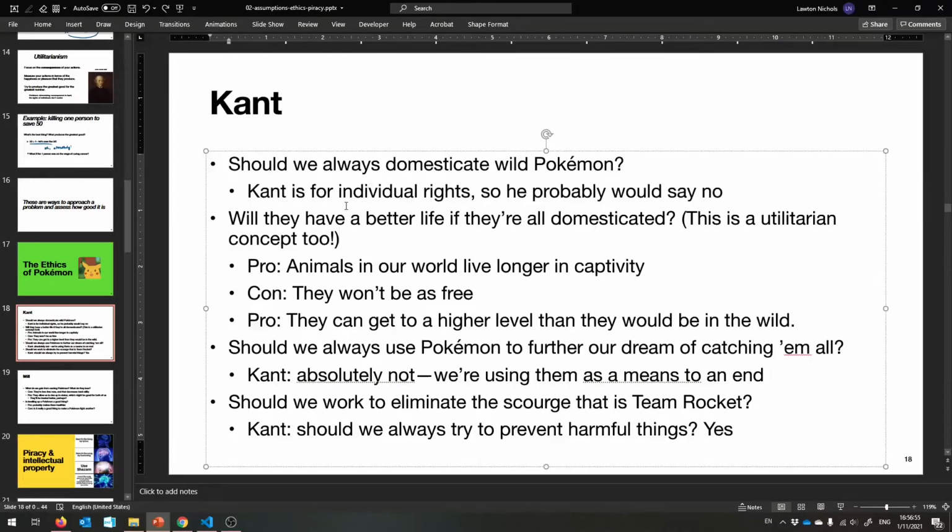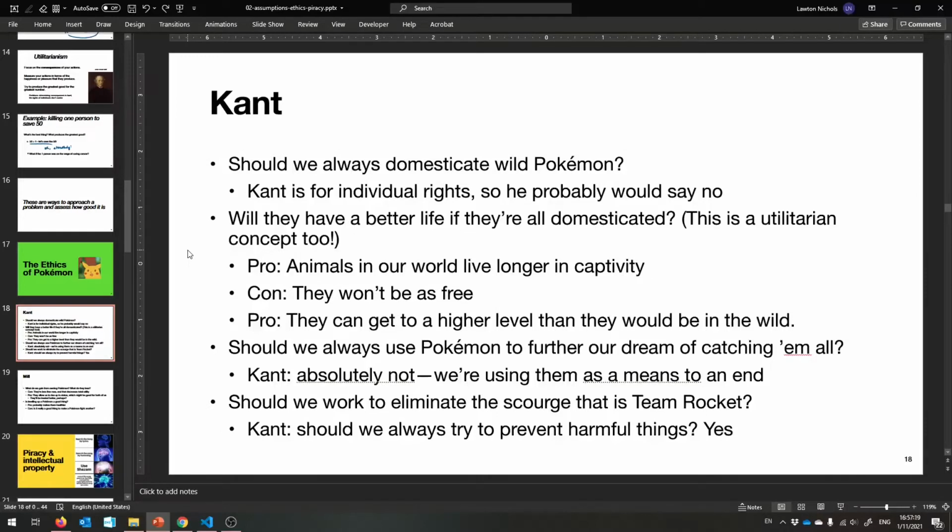There are others. If we domesticate every single Pokemon in the world, will they have a better life in that case? This is also a utilitarian thing, because I say the word better. But let's think about it from Kant's point of view, and from the point of view of the word all here. Again, there are pros and cons.